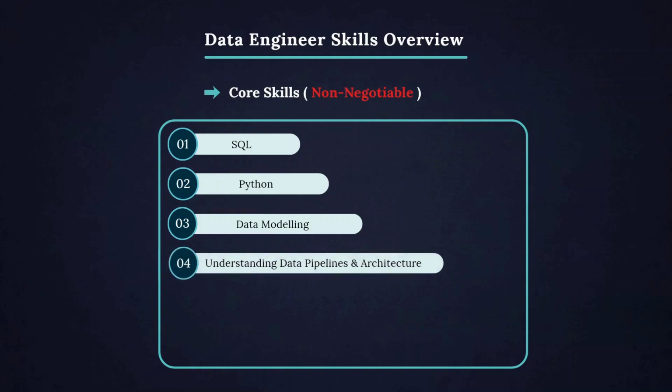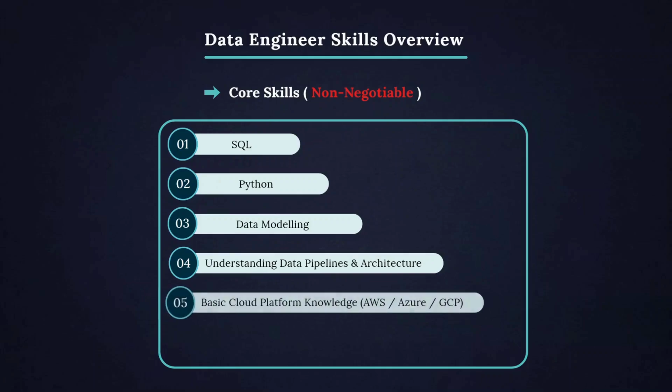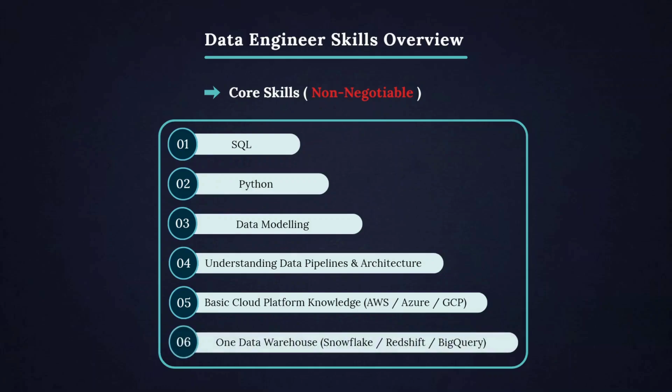Along with this, you need a basic understanding of data pipelines and their overall architecture. You should also have some basic knowledge of at least one cloud platform, maybe AWS, Azure, or GCP. And you should know how to work with at least one data warehouse.